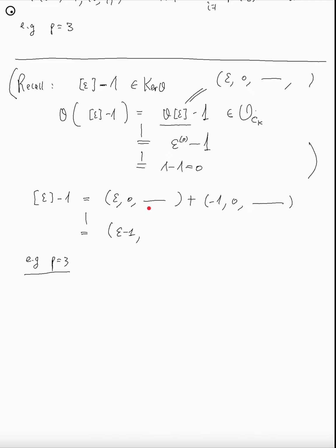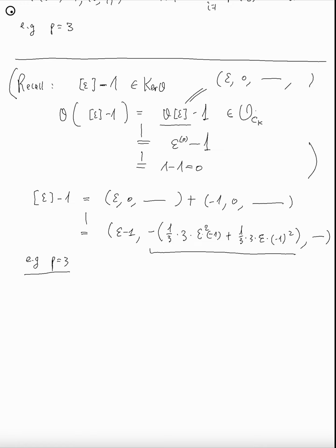So in that case, this would be, as we said, minus 1 over 3 times epsilon squared minus 1, plus 1 over 3 times epsilon times minus 1 squared. This should be the second term.